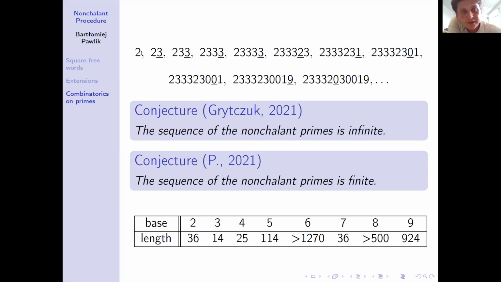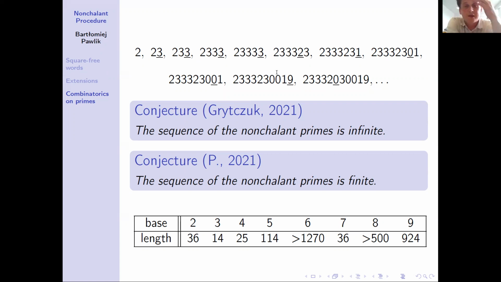I can put 0, 1, and 2 at the end, but I can put 3 and I get a prime, 23. Then it occurs that I can put 3 again and again and again. And this number is not extendable at the rightmost position. I can put 0 or 1 on a penultimate position, but I can put a 2, and so on and so on.